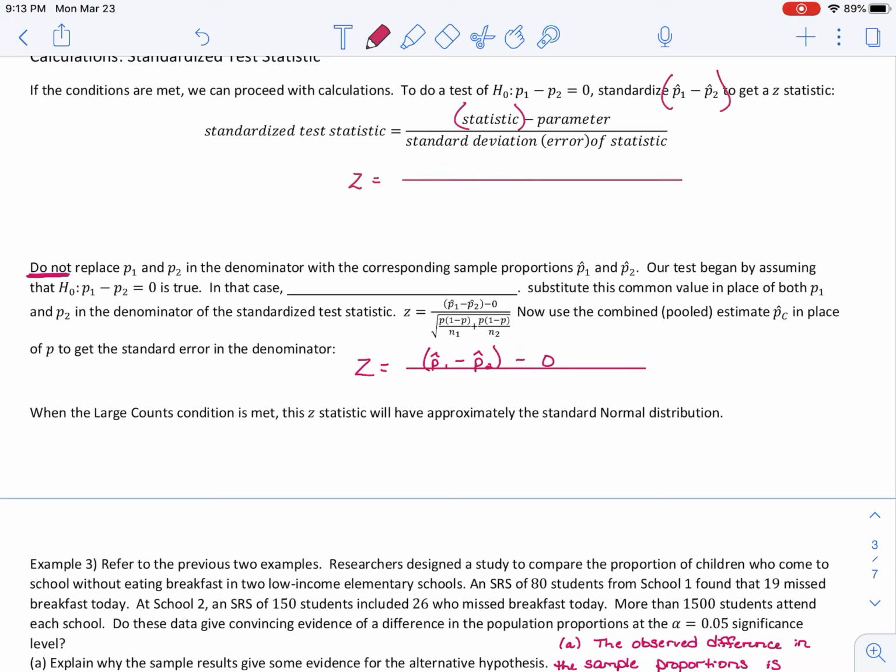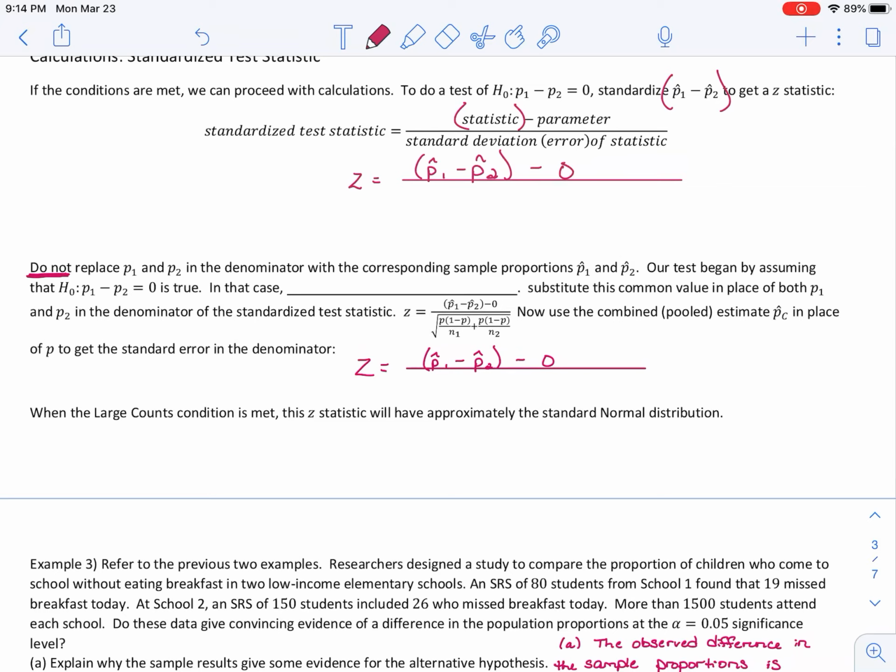So in our numerator, we're going to have the difference in our sample proportions. And then this here would be our parameter. But I don't need to write p sub 1 minus p sub 2 because we're assuming it's equal until proven otherwise. So I'm just going to put minus 0.